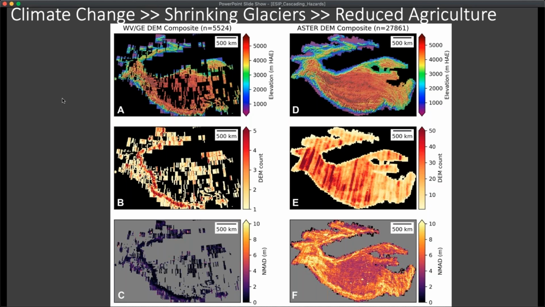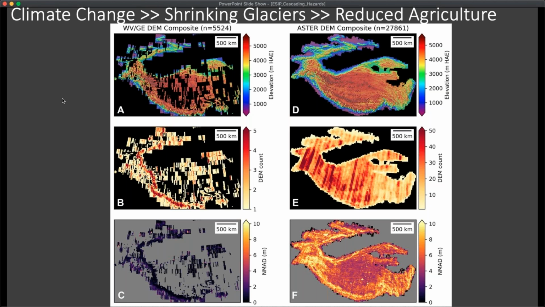The images that you're seeing on the top row are essentially the topographic map of high mountain Asia. The second row basically shows the number of repeats that we have given different sensors, whether that's high resolution commercial, such as the Worldview or GeoEye, or the Aster, the medium resolution instrument on the right-hand side.